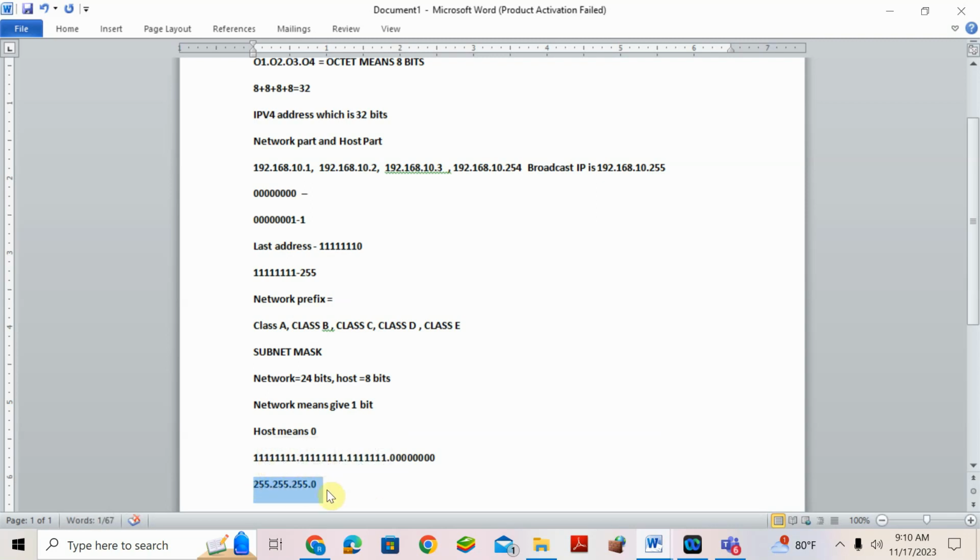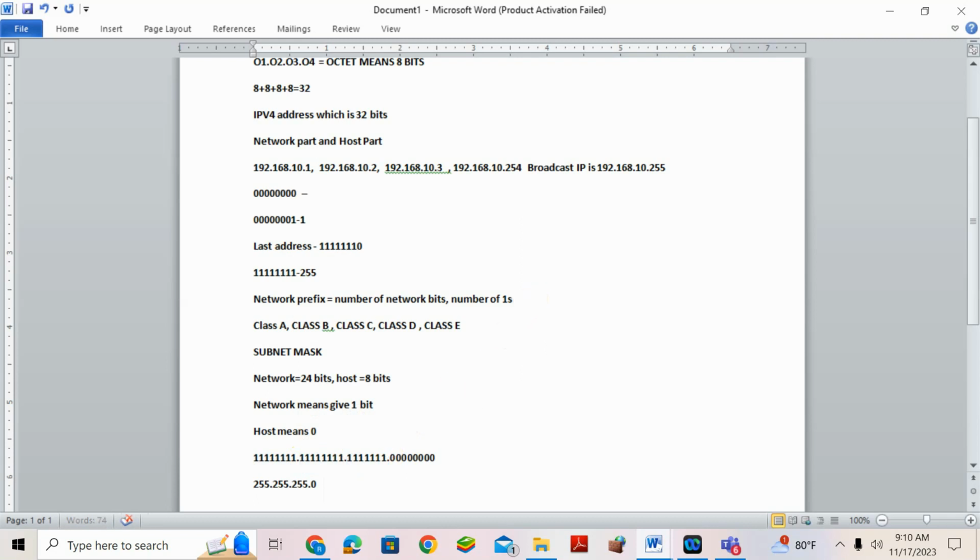Okay, you know the subnet mask. What is the prefix? Network prefix equals the number of network bits, meaning the number of ones. So here, how many ones are there? 8 plus 8, 16 plus 8, 24.